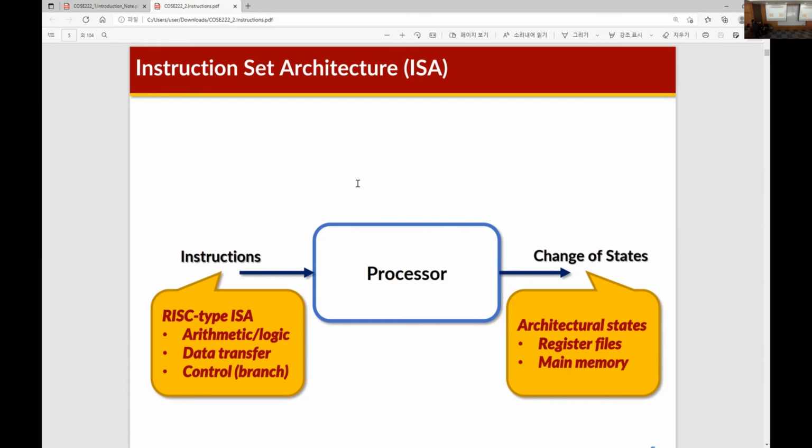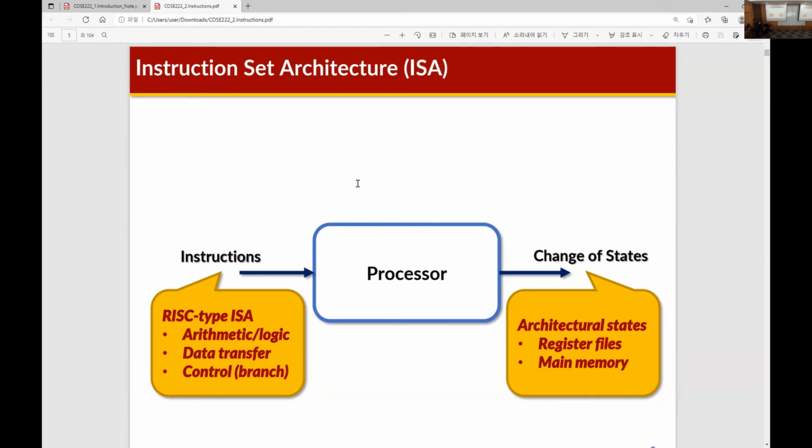Other instructions, such as arithmetic and logical instructions, cannot use data in main memory, because this type of instruction in the RISC type ISA only supports operations using data in the register file, not memory.